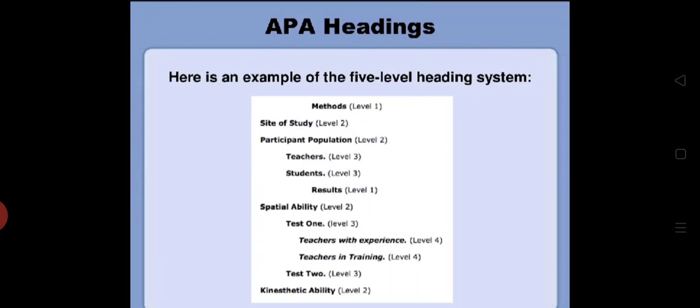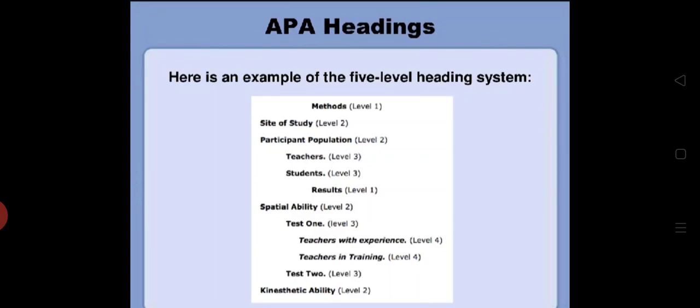Site of the study, level 2, participants population, level 2, and then teachers and students, it would be level 3, and Results is level 1 again, because these are the major headings. Methods and Results are the major headings, so level 1 would be used for writing them.